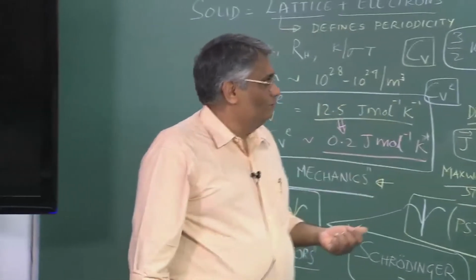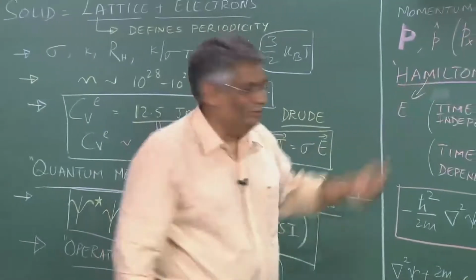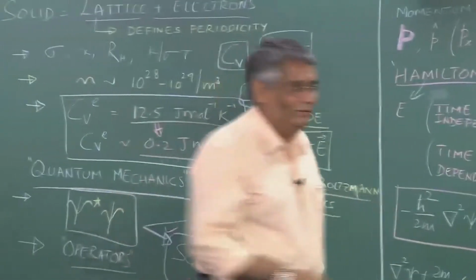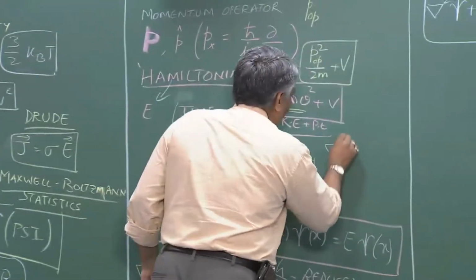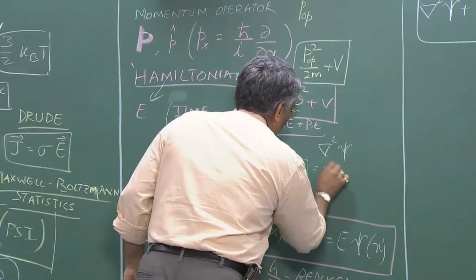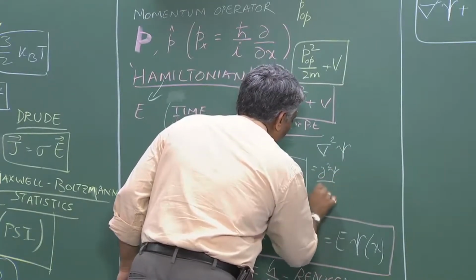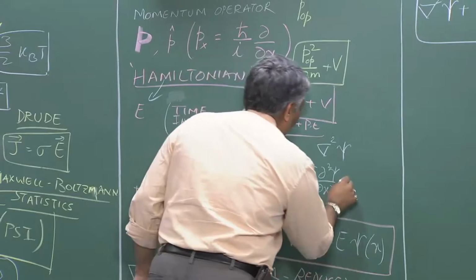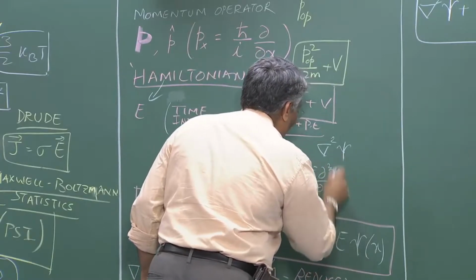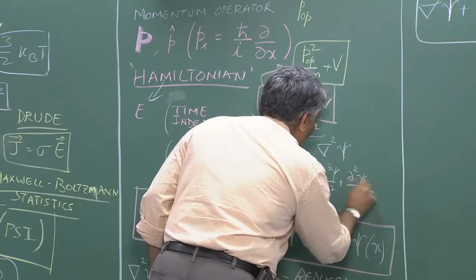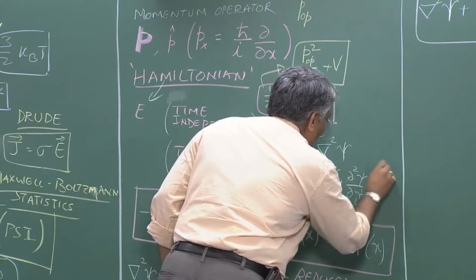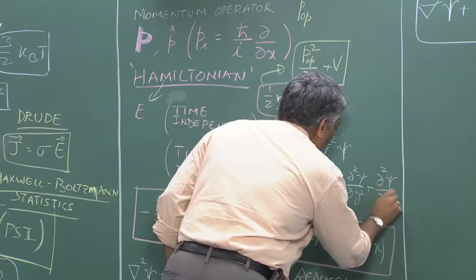What does this equation resemble? I have written it in this simple form using the Laplacian operator, where del square psi is dou square psi by dou x square, plus dou square psi by dou y square, plus dou square psi by dou z square.